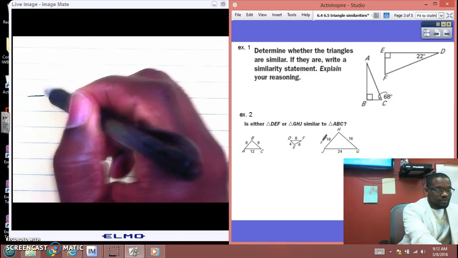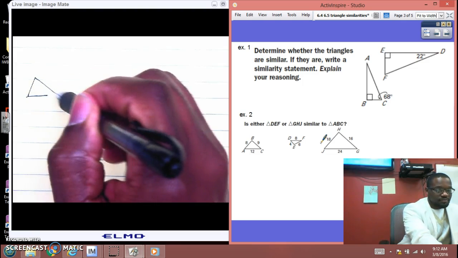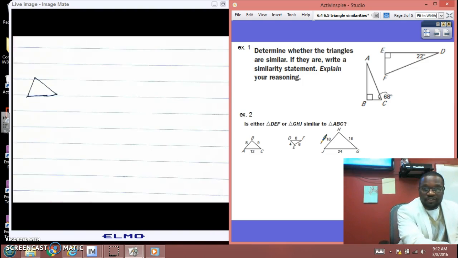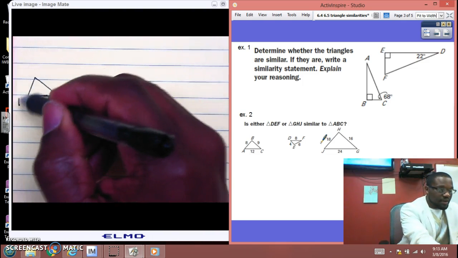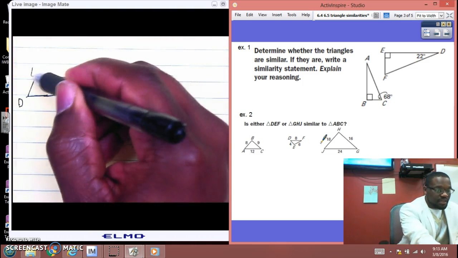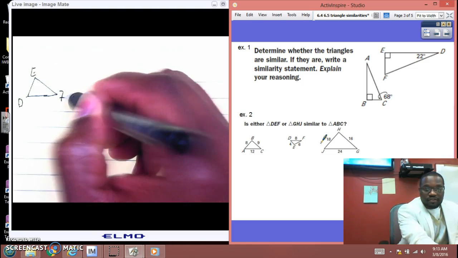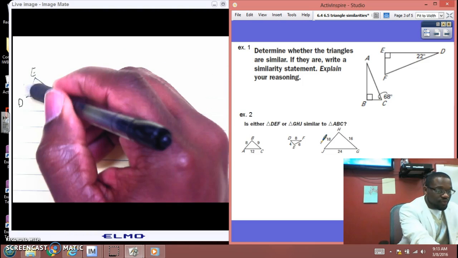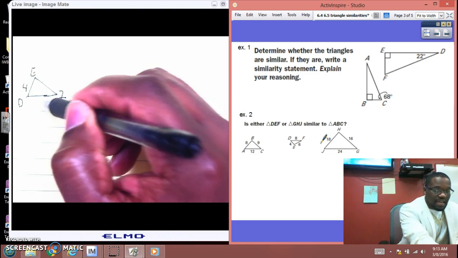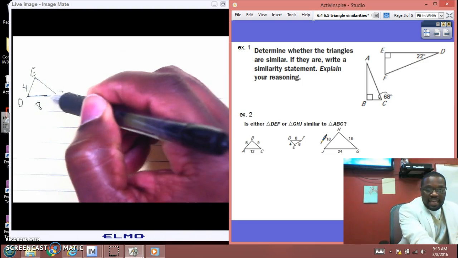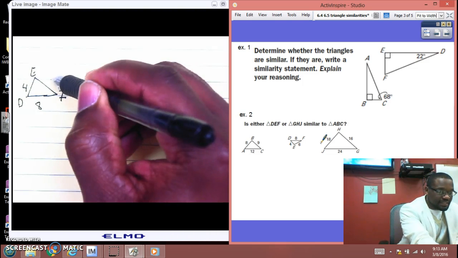If I flip it up, it'll be D right here, E up here, and F right here, with DE side 4, DF side 8, and EF side 6.